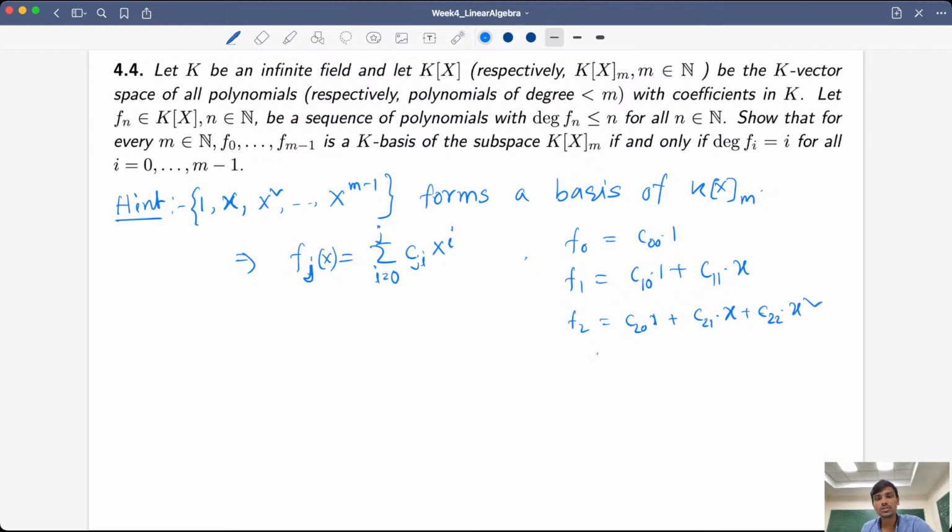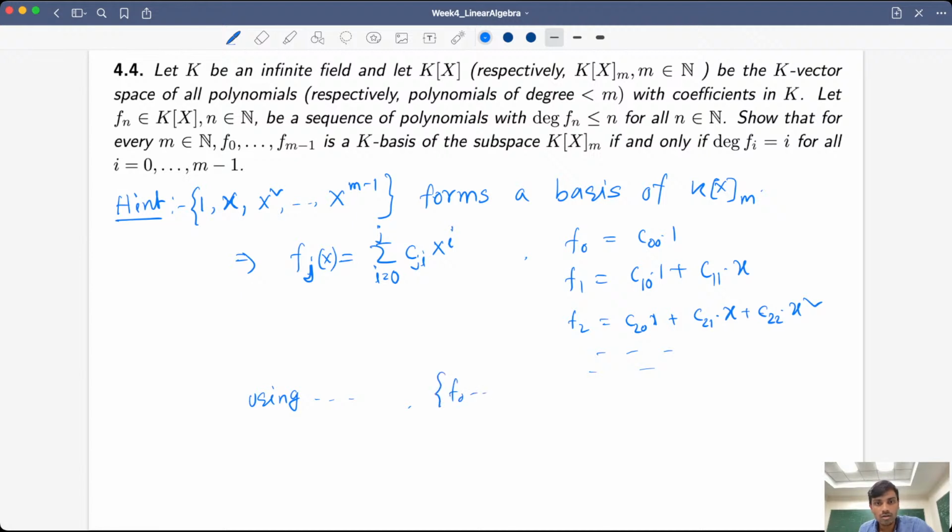Then this forms a k basis if and only if, using the assignment problem, the leading coefficients c00, c11, up to c_nn are nonzero.